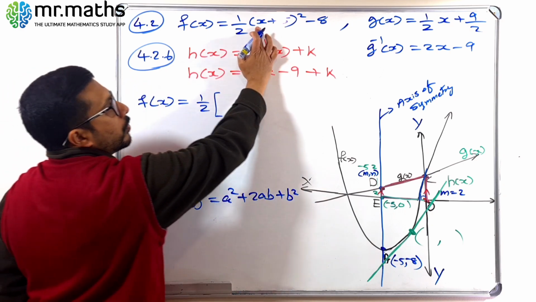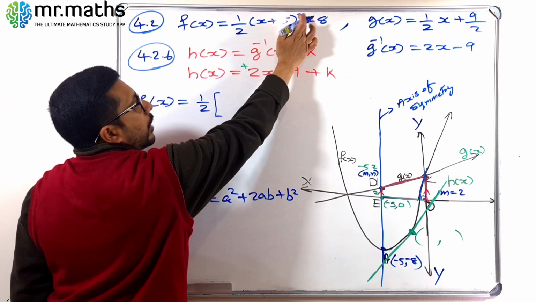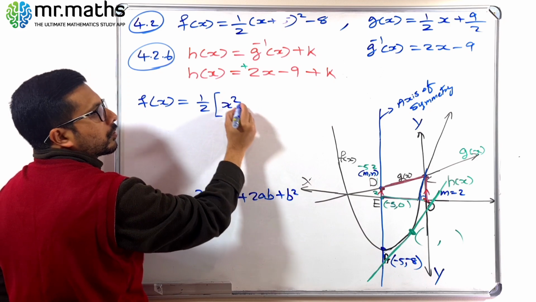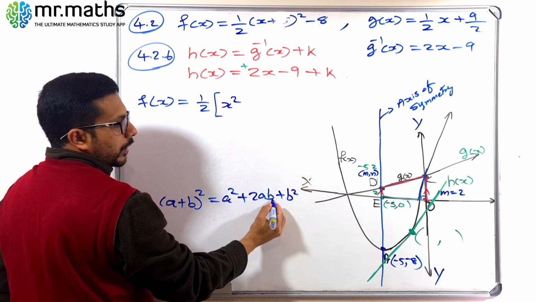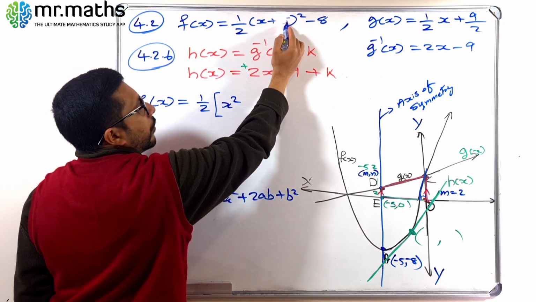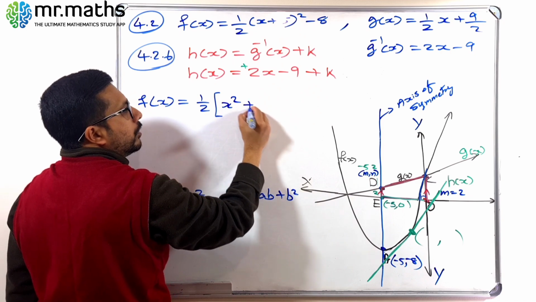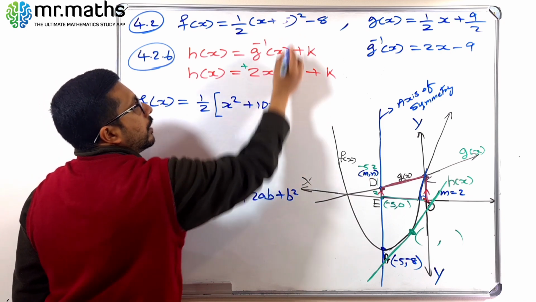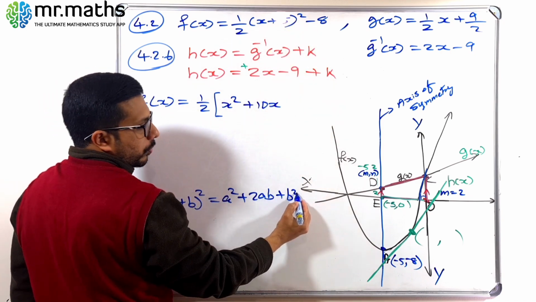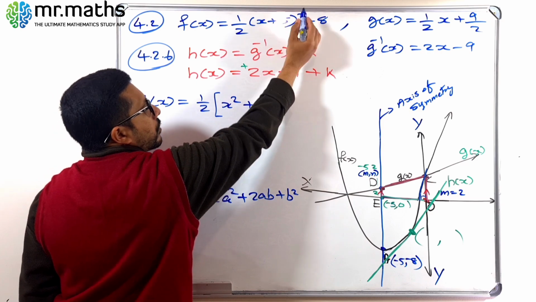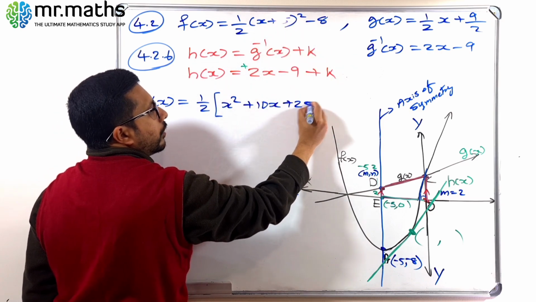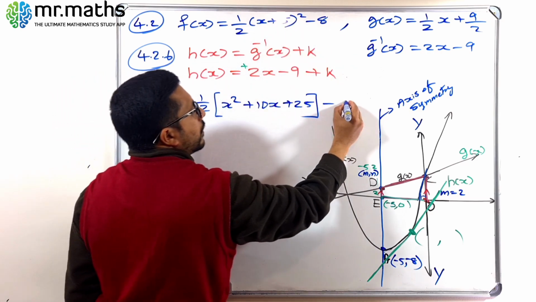So similarly we expand this one: first term square, x square; 2 into x into 5, that is 10x; then second term square, 5 square is 25, then minus 8.